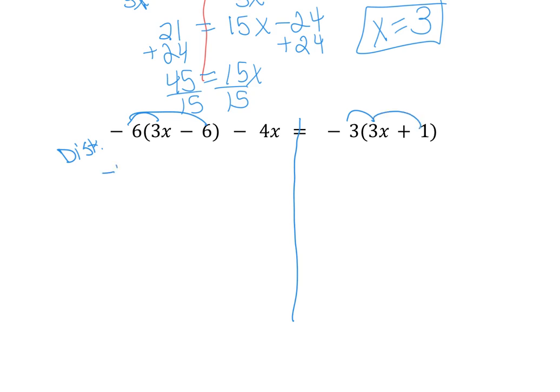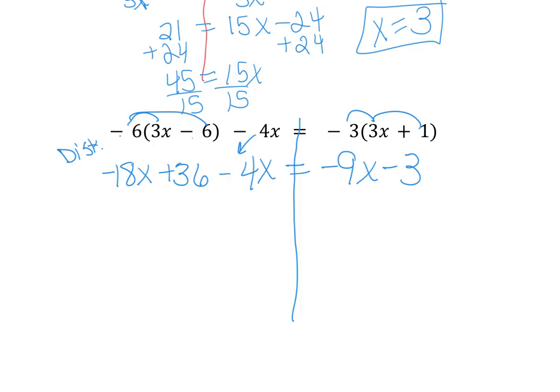So I would have negative 18x, negative 6 times negative 6 is positive 36. We can't forget to bring down that minus 4x. Negative 3 times positive 3 is negative 9x. Negative 3 times positive 1 is negative 3.